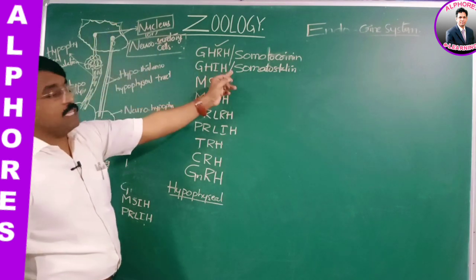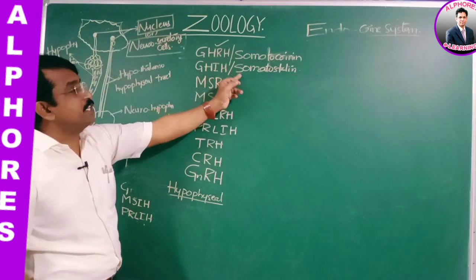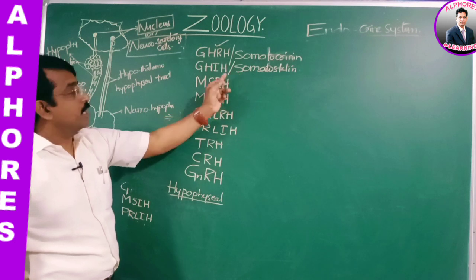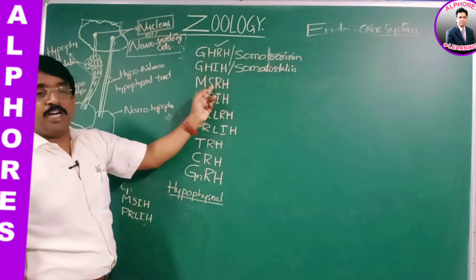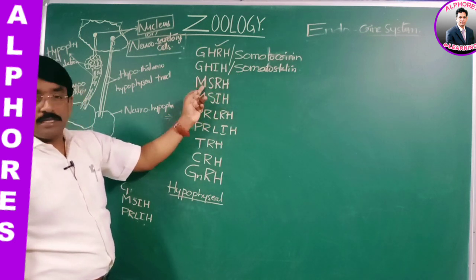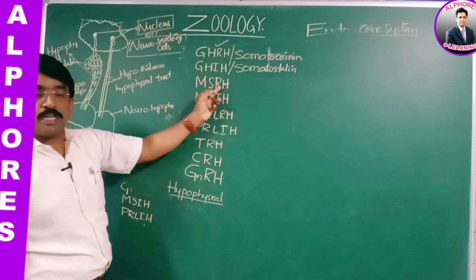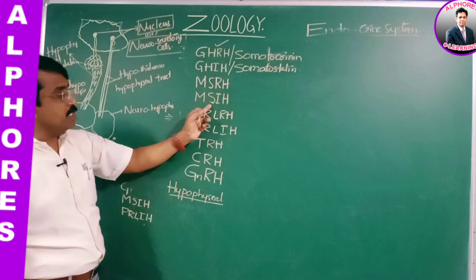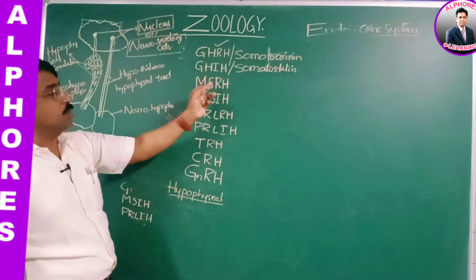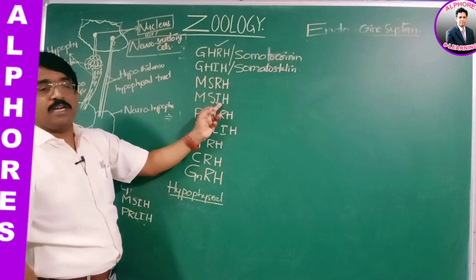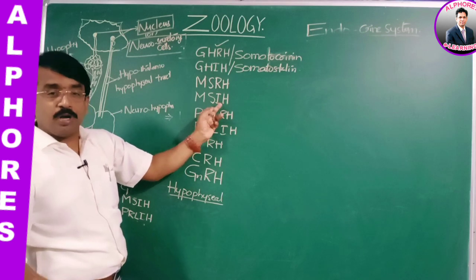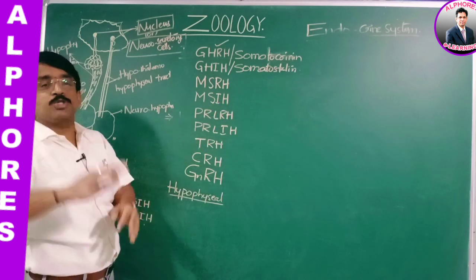Even the growth hormone, if excessive, is inhibited by somatostatin. If melanocyte stimulating hormone is required, this hormone is released to stimulate it. In contrast, the melanocyte inhibiting hormone inhibits the secretion of melanocyte stimulating hormone.